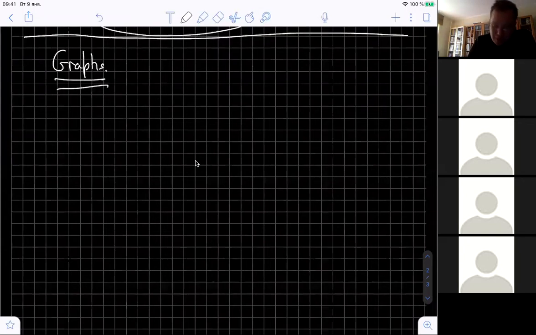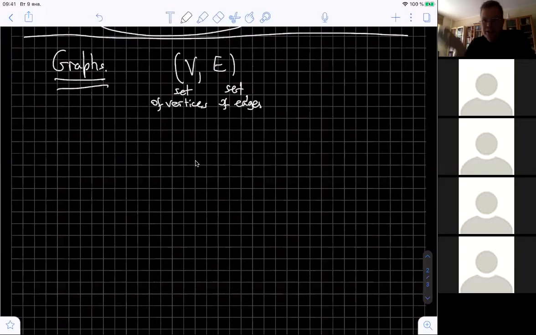So usually a graph is just a set of vertices and a set of edges. A set of edges is just pairs of vertices, and there are some different definitions.